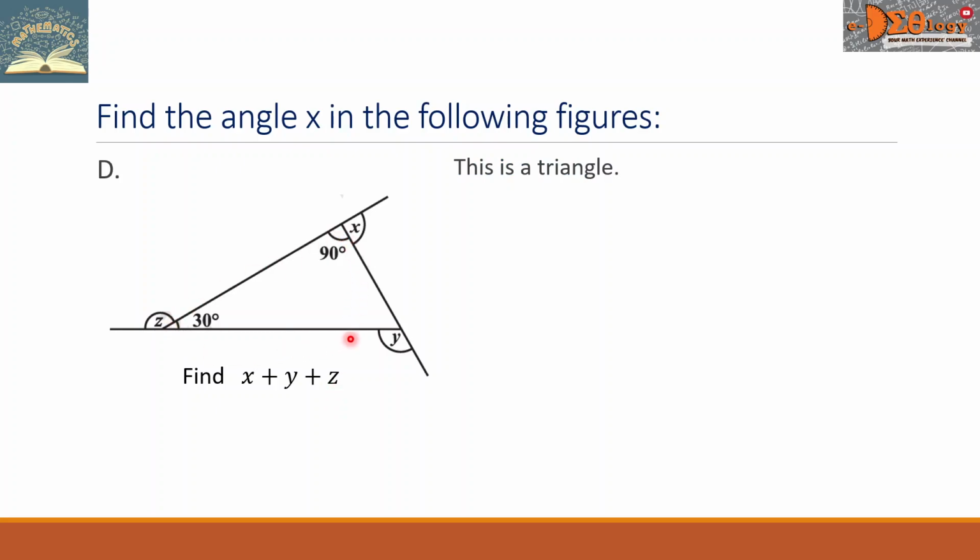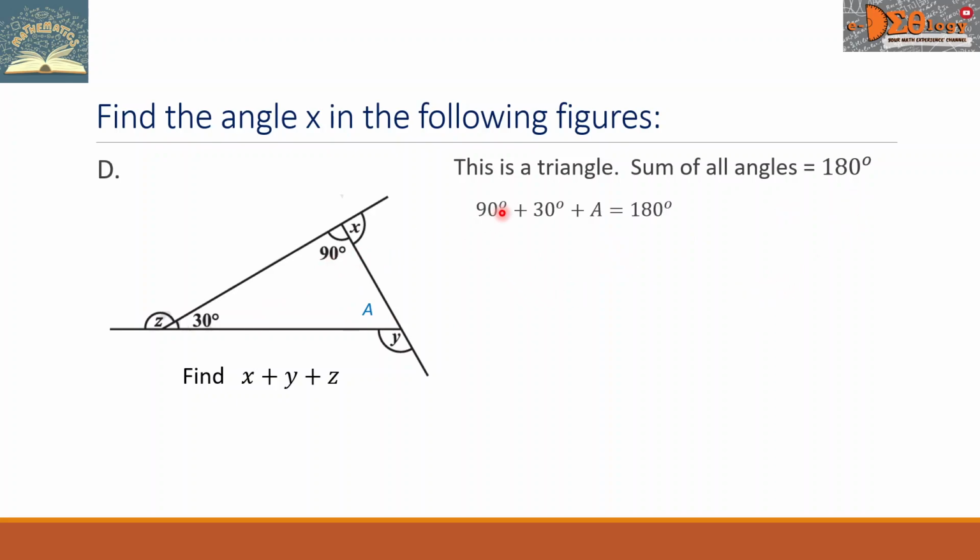We can see that the closed figure is a triangle, and the sum of all angles of a triangle equals 180 degrees. In a triangle, there is a missing angle. Let's name this as A. We can solve for A by adding all the angles equals 180 degrees.